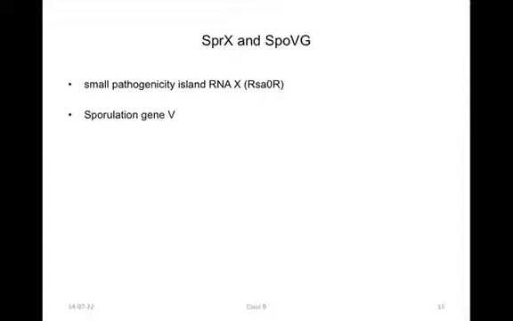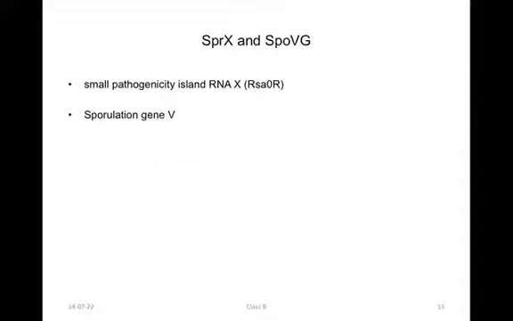Okay, so this next paper is from NAR, and this is a bigger paper. They talk about a small RNA called SPRX, which is short for small pathogenicity RNA-X.